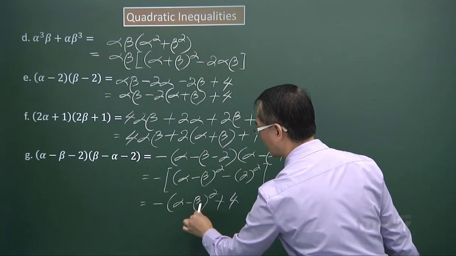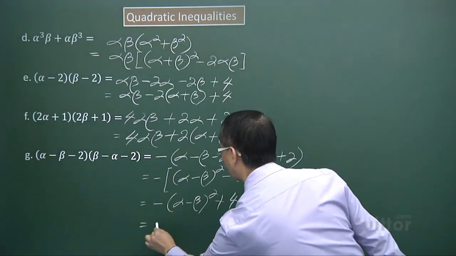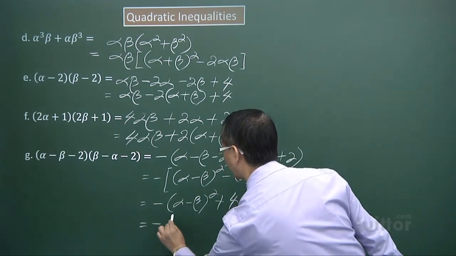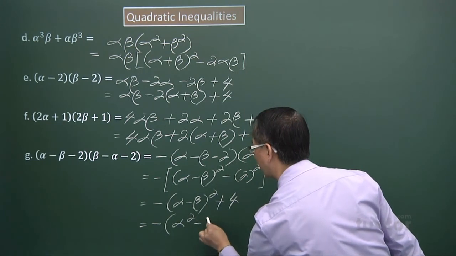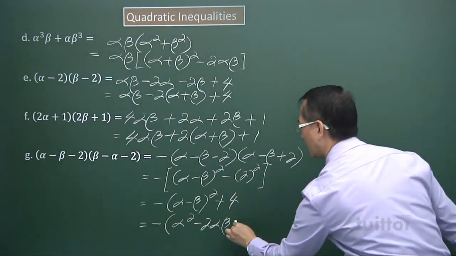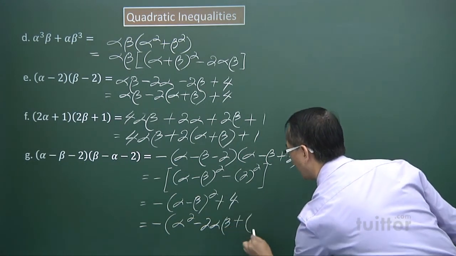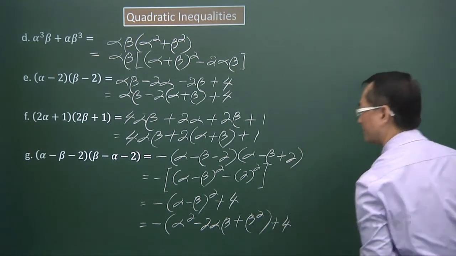And this, when expanded, will give me negative alpha squared minus 2 alpha beta plus beta squared plus 4.